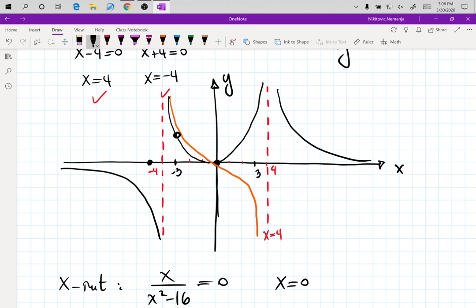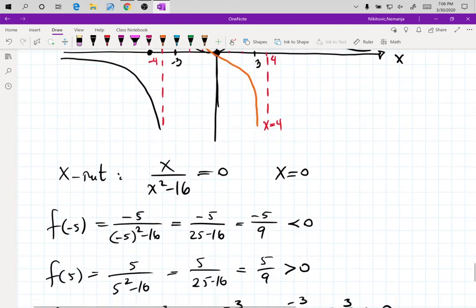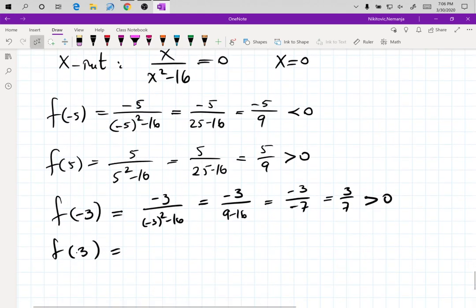So, when I deleted the bottom ones, it eliminated the blue line and eliminated the black line. There was the downward U. Now the question is, do I get to keep the black or the orange? And that's going to be determined with f of 3. Because when I do this one, we'll get 3 over 9 minus 16.